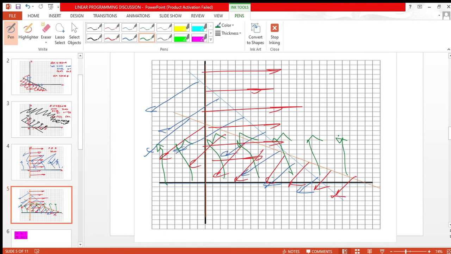Next, how do we now determine our feasible region? To determine the feasible region, we look at the section where the planes or the segments or the sections do intersect.